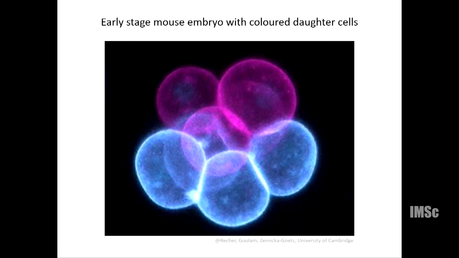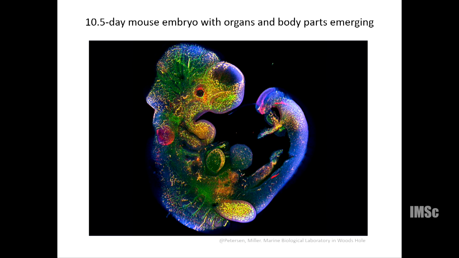Here you see an early stage mouse embryo where two daughter cells were labeled with different fluorescent markers. At this stage, they're very similar. So if not for the staining, they would be indistinguishable. Yet, already 10 days after fertilization, you could appreciate that the embryo develops sophisticated structures, organs develop, body parts develop.